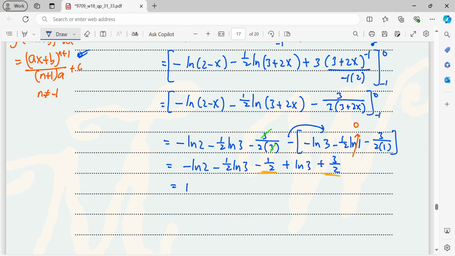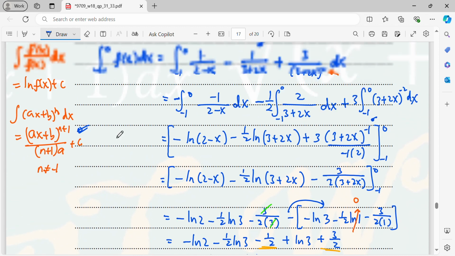It means I factorize half from there. Then I rearrange. I let the plus ln 3 be first term, then minus half ln 3 minus ln 2. And now here, for the last 3 terms, I factorize half. So when you factorize half from ln 3, that is 2 ln 3. Factorize half from minus half ln 3, that is minus ln 3. Then lastly, it will be minus 2 ln 2.